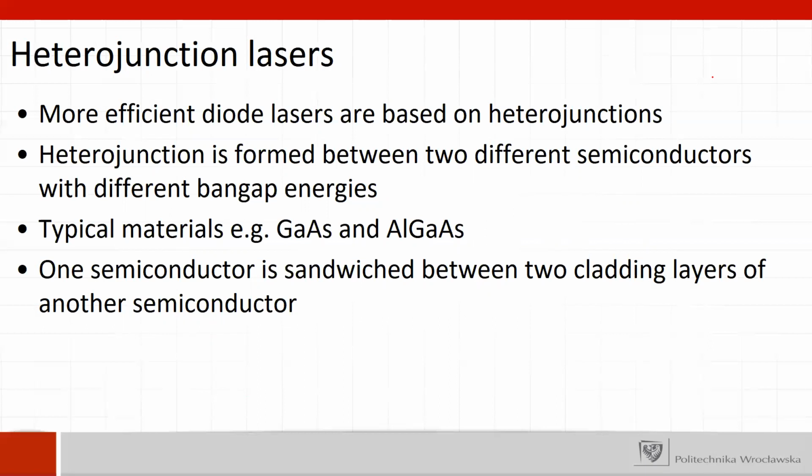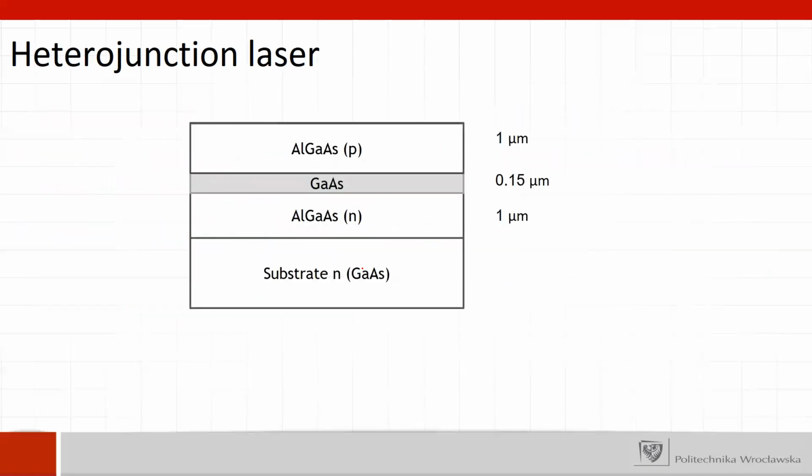For example, we can use gallium arsenide and aluminum gallium arsenide. One of the semiconductors is sandwiched between 2 cladding layers of another semiconductor. So here we have gallium arsenide, which is sandwiched between aluminum gallium arsenide layers and some substrate. This is a typical heterojunction laser.